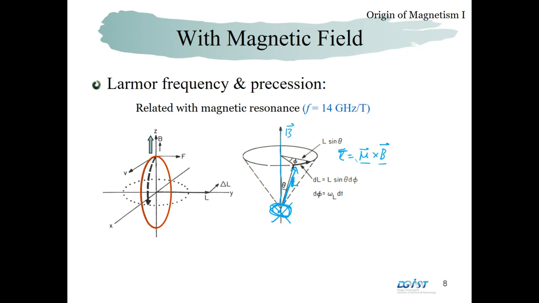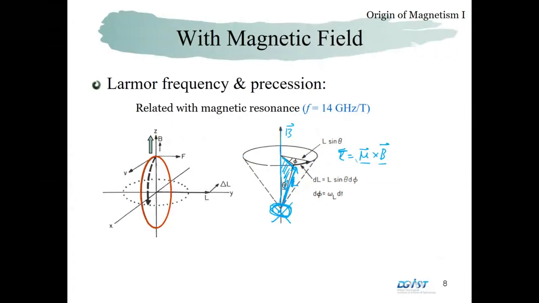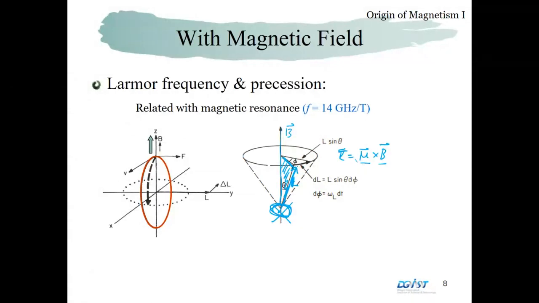So we have a mu vector here and B vector here. We have some plane here, and those torques are perpendicular to this plane.